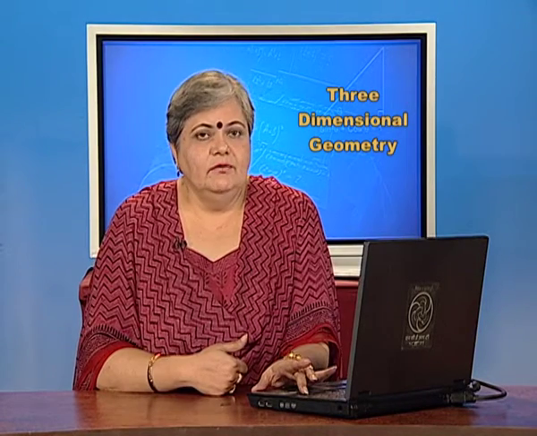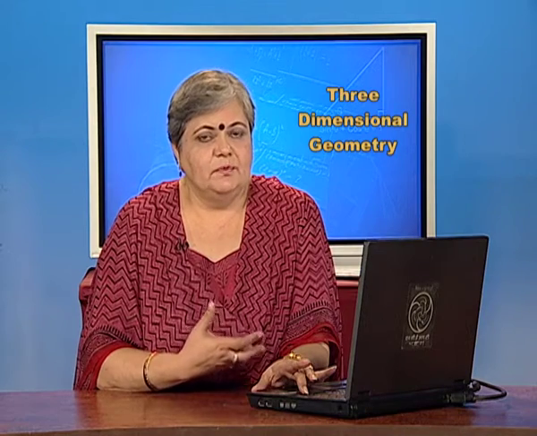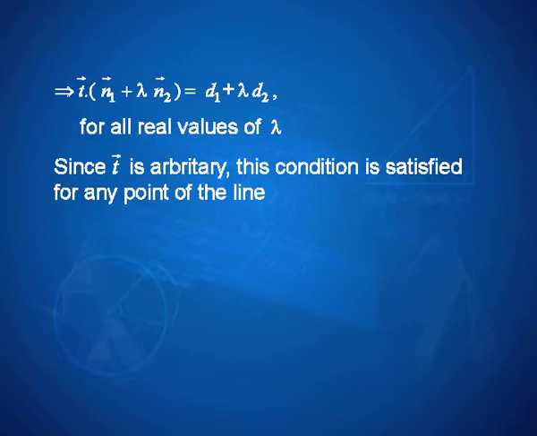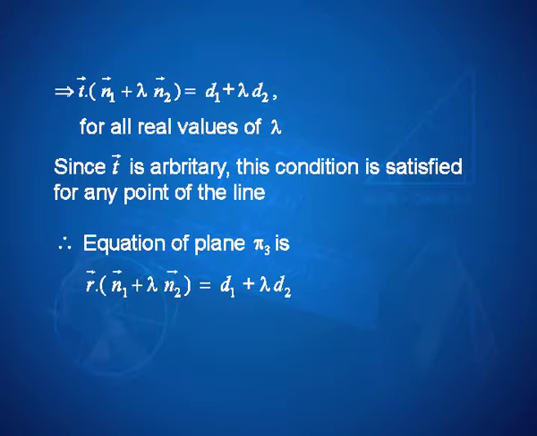Since I am interested in finding the equation of the plane which passes through the intersection and t is the position vector of any arbitrary point on this line, this condition has to be satisfied by all points that lie on the line of intersection, and that gives rise to a locus which is nothing but the equation of the plane pi 3, which is stated as vector r dot n1 vector plus lambda times n2 vector equal to d1 plus lambda times d2.